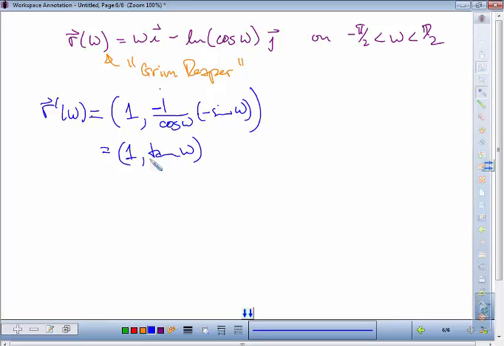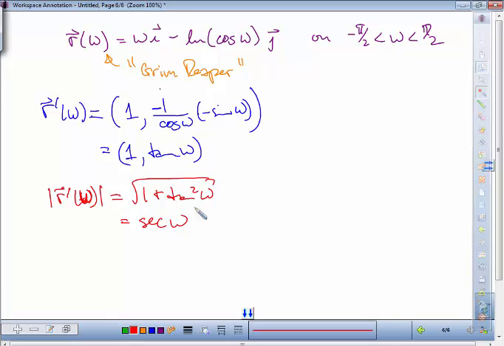Let's find a unit tangent vector. Let's find the magnitude of this. So the magnitude is the square root of 1 plus tangent squared w. Is that something? That's secant squared, right? So it's under a square root, so it just becomes secant of w. That's interesting.